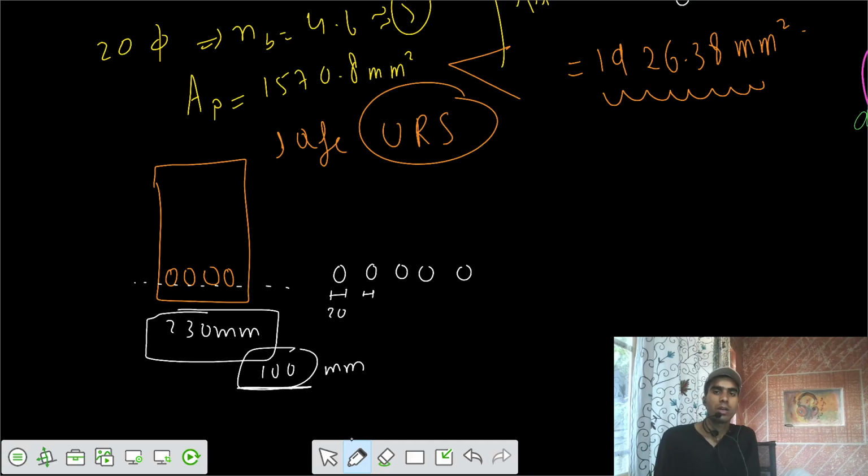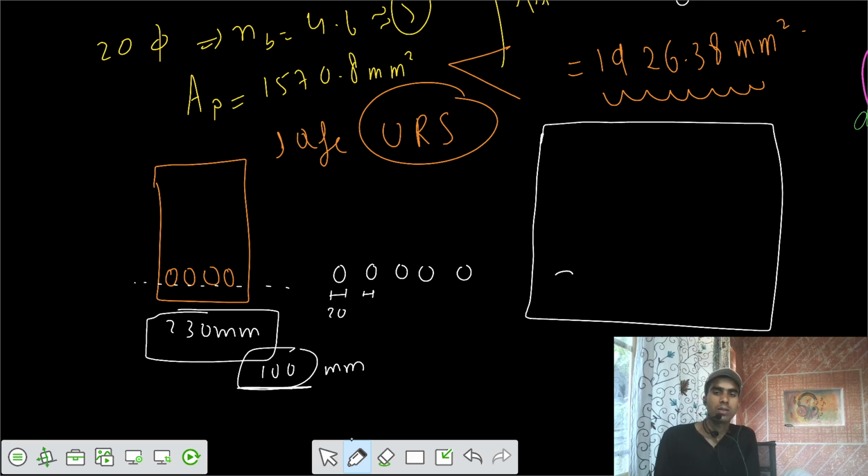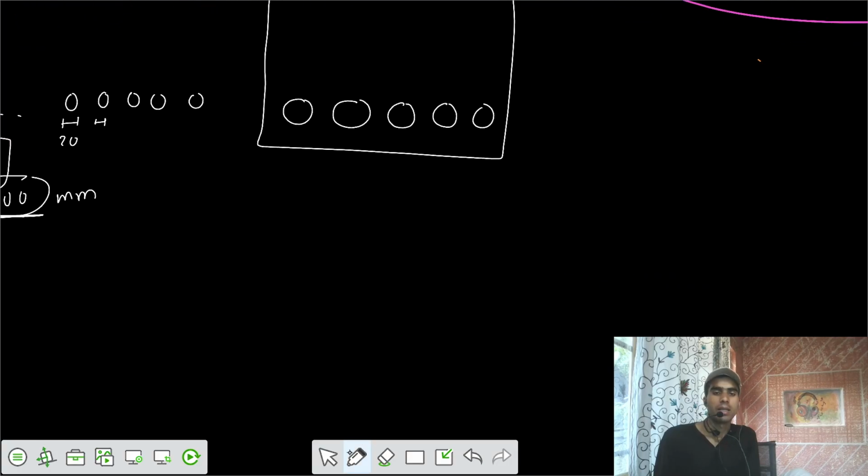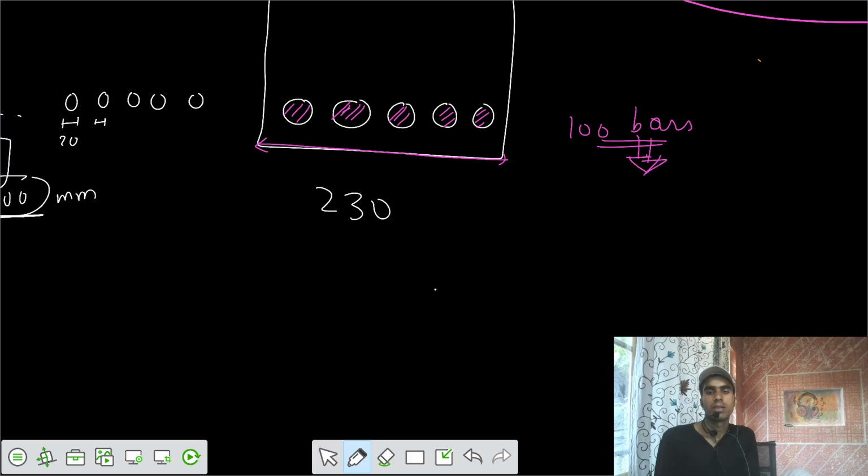So we should also ensure that we do not overlap those bars.